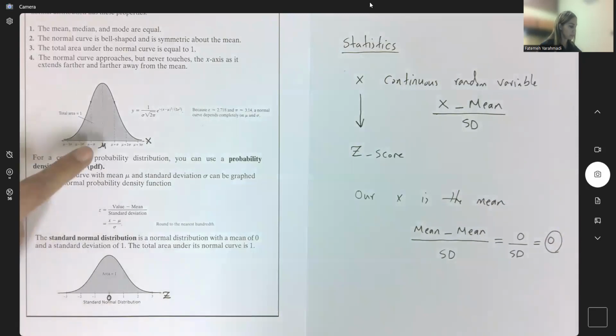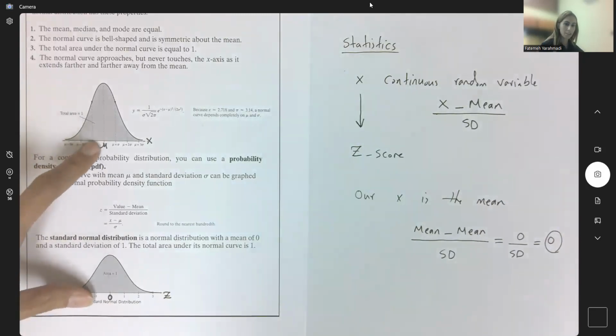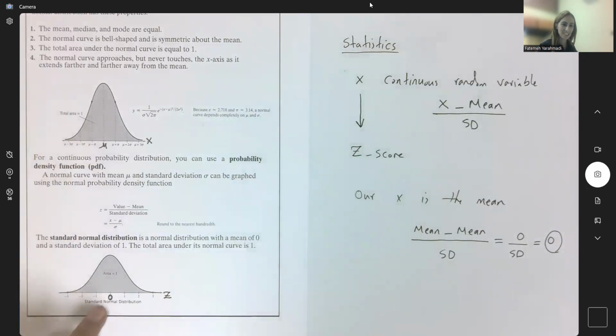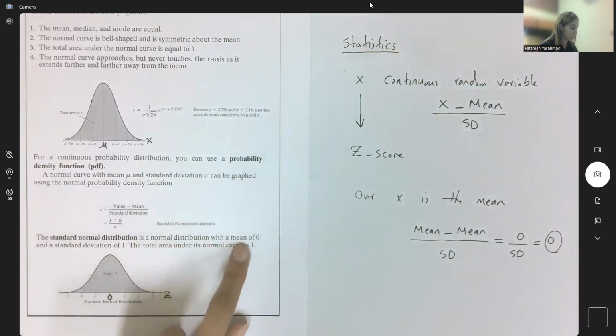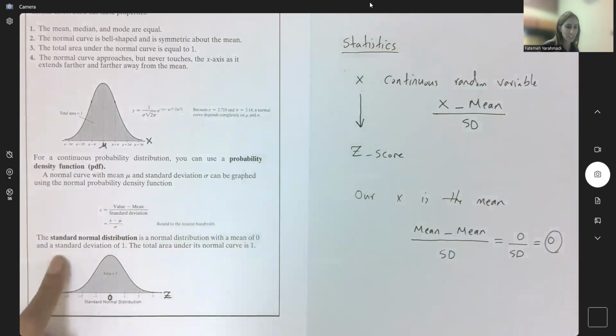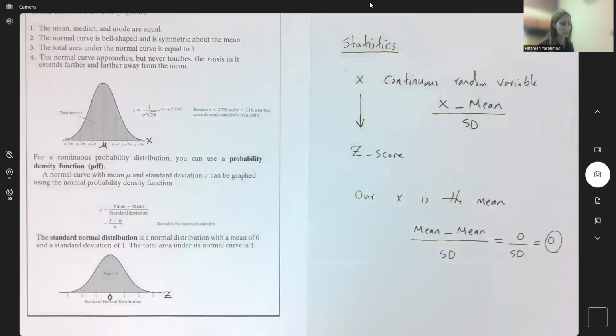So from the mean, mu, in the normal distribution, we got 0 as the center in the standard normal distribution. So as you can see, the standard normal distribution has mean equal to 0 and the standard deviation equal to 1. And again, the total area is 100% or 1. These are important things that we need to remember about the standard normal distribution.